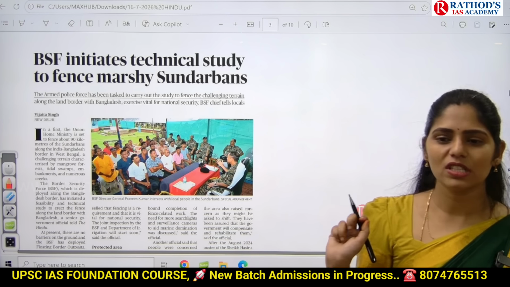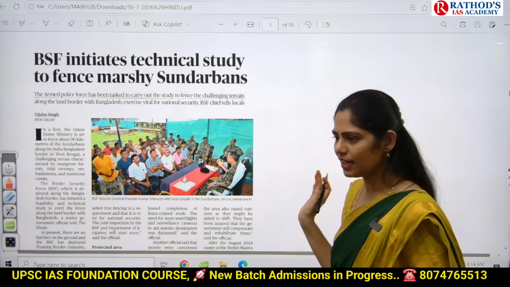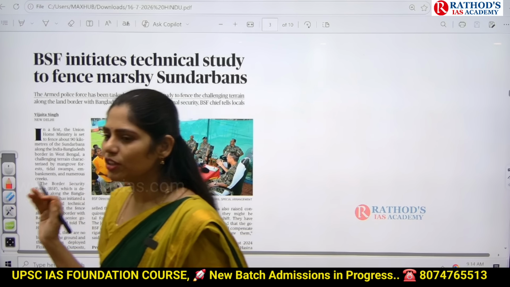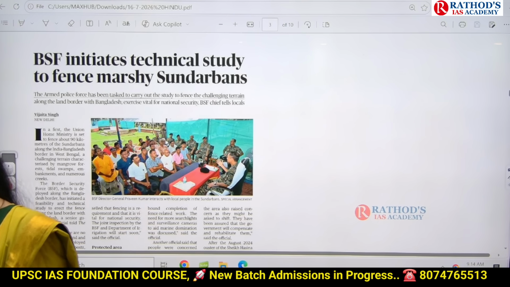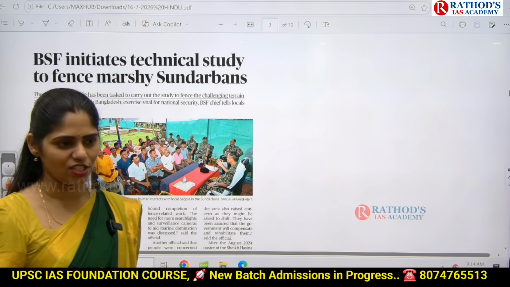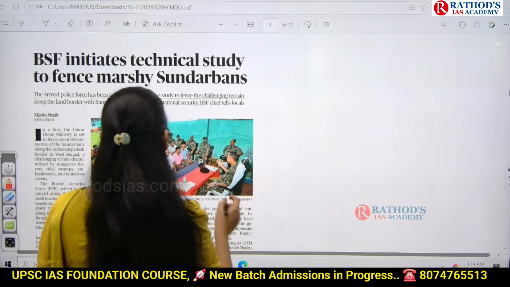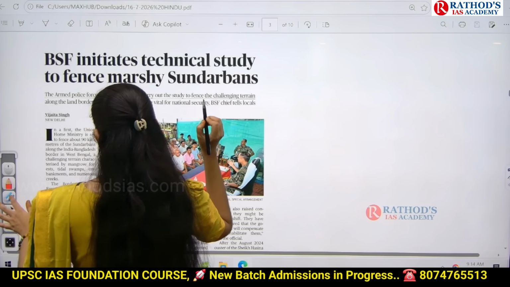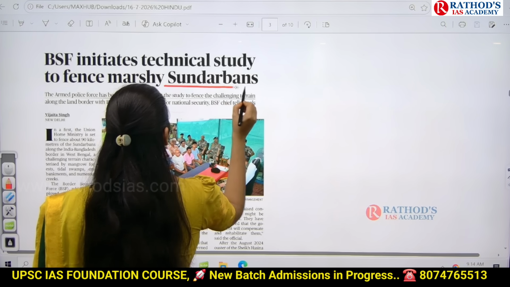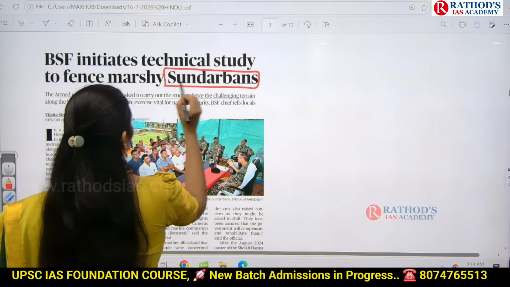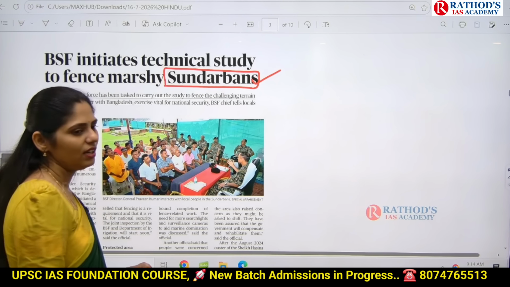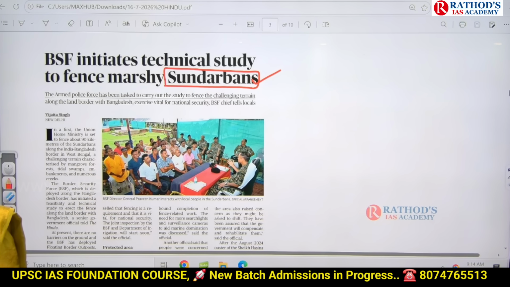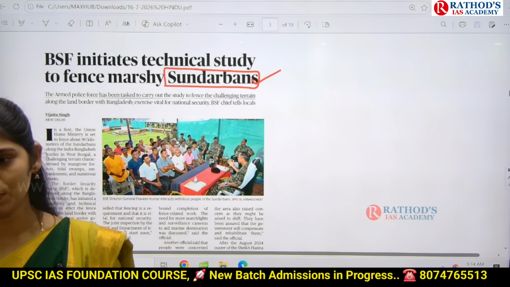Because of this, recently there was an article which said that in these rivers we can use crocodiles and snakes, and they will act as a natural fence. And now there is one more idea proposed by the government: we can use the Sundarbans as a natural fence between the India and Bangladesh border.